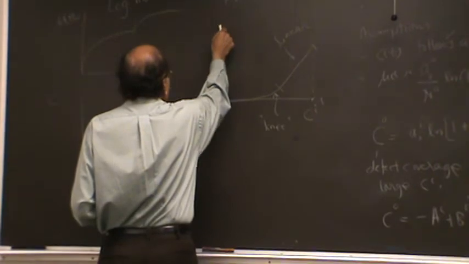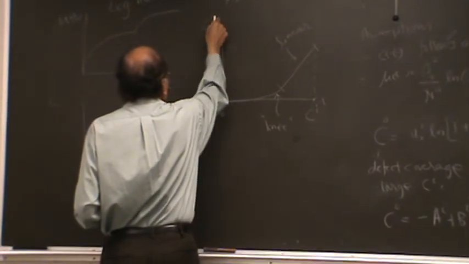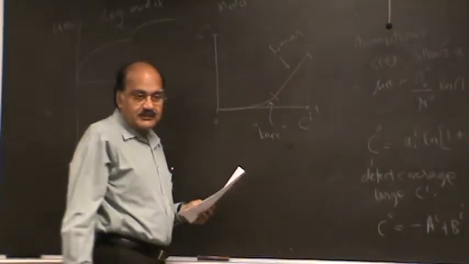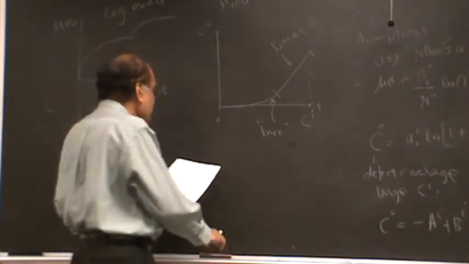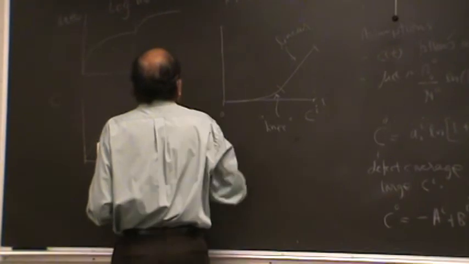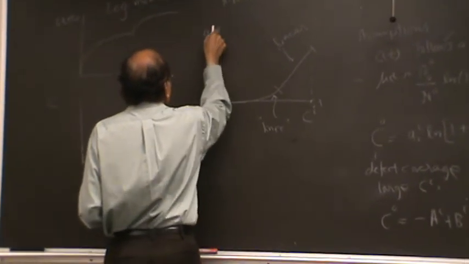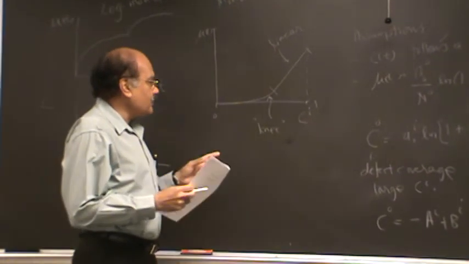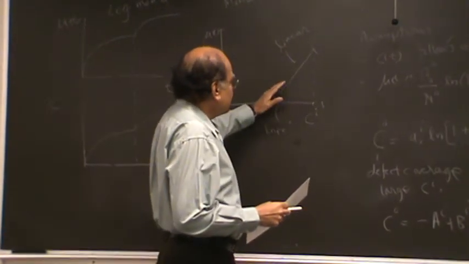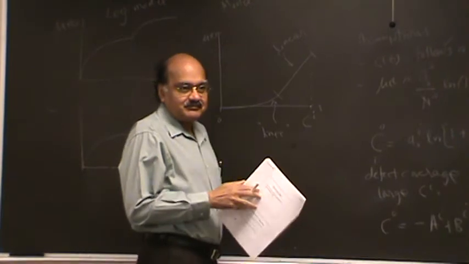So here this could be mu, or this could be C sub 0, which is defect coverage. Or you could, if you prefer, keep it in terms of mu. So we have shown that after the knee, this indeed is linear.